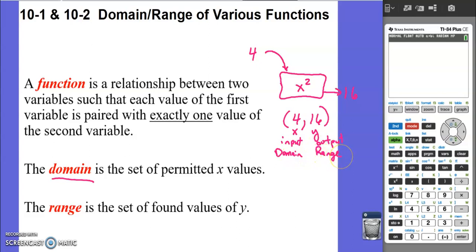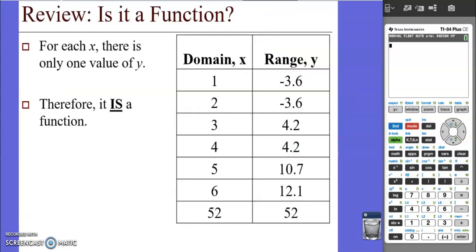Any numbers that you put in there, you might put 7.3 in there, you might put 9.701 in there. Whatever numbers you put in there is your domain. So it's usually an infinite amount of numbers you could put into the domain, and then of course the output as well. Again, the range is the set of the values of the output, or of the y.